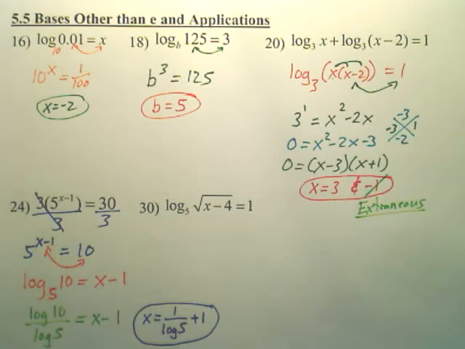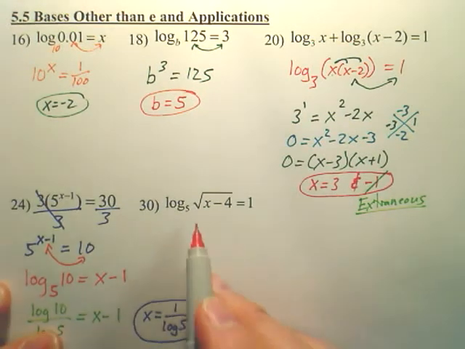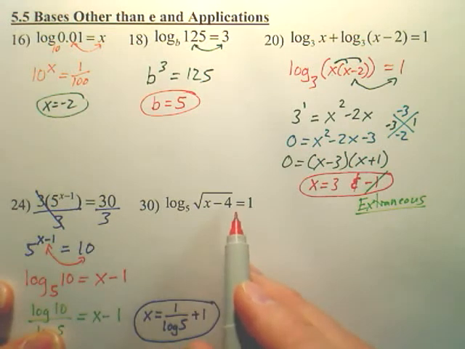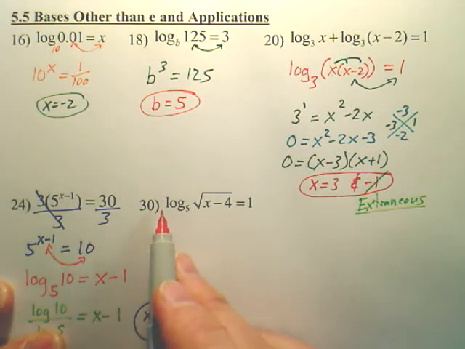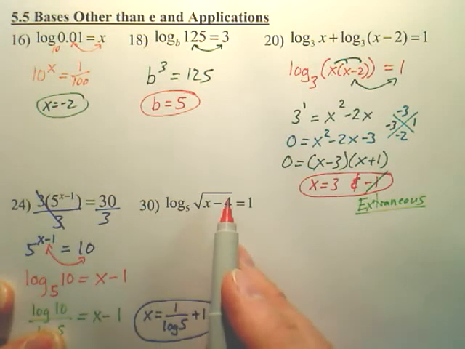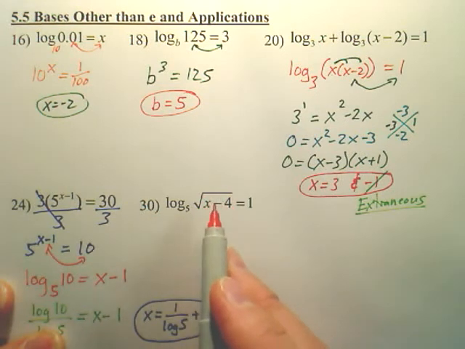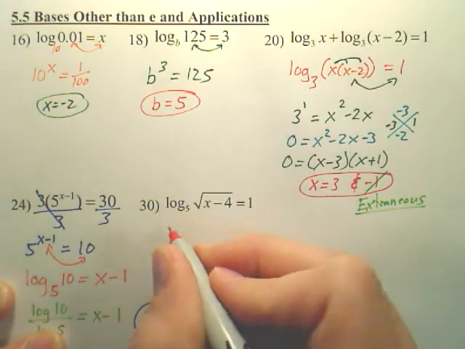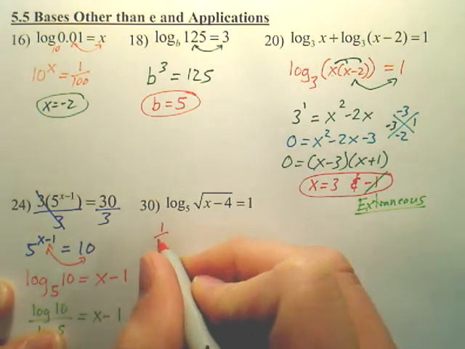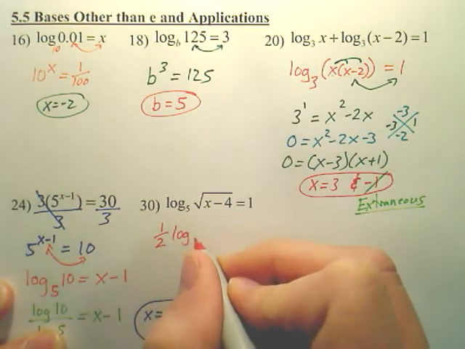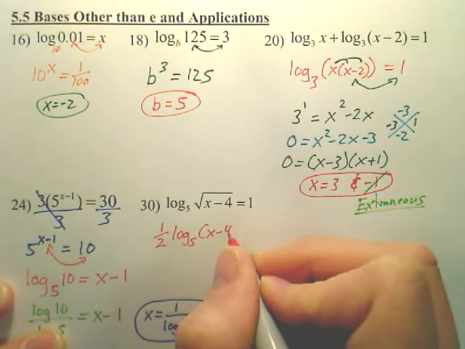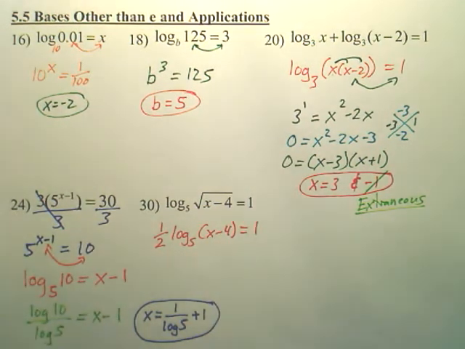Now, for number 30, I want to solve this one. Before I try to get this log off, I think I first would like to make this a 1/2 power and yank it out. So I'm going to write this as 1/2 log base 5 of x minus 4 equals 1.